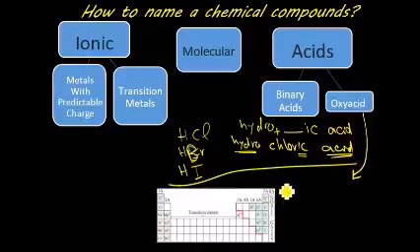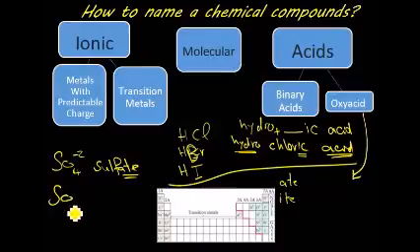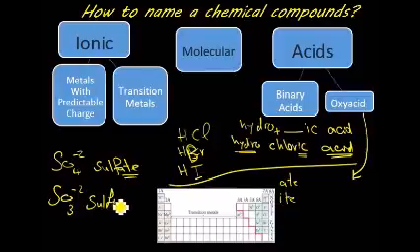As you know, the polyatomic ions usually end with ATE or ITE. For example, sulfate has the ending of ATE, and sulfite has the ending of ITE.